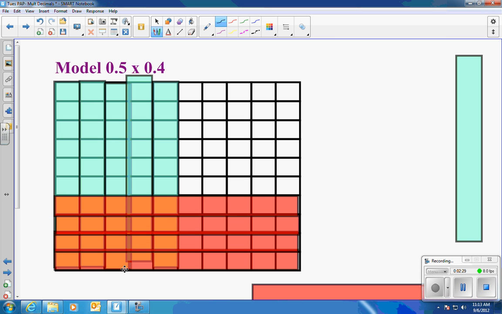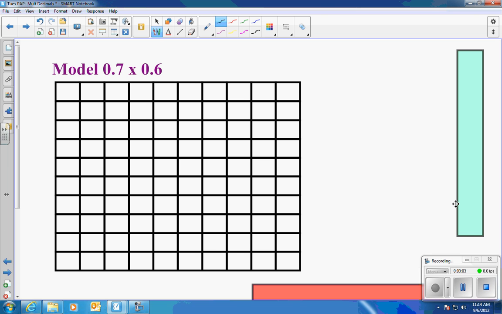And again, I'm looking at this overlap part for my answer because this has shaded 4 of the 10, and this is 5 of the 10 here. So what we're really looking at is 1, 2, 3, 4, 5, 6, 7, 8, 9, 10, 11, 12, 13, 14, 15, 16, 17, 18, 19, 20. 20 of those squares. So remember, it is 20 hundredths, and that's what we're looking at.